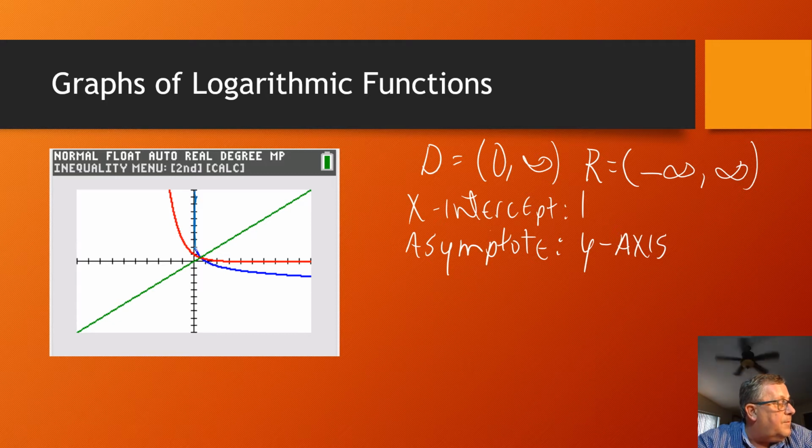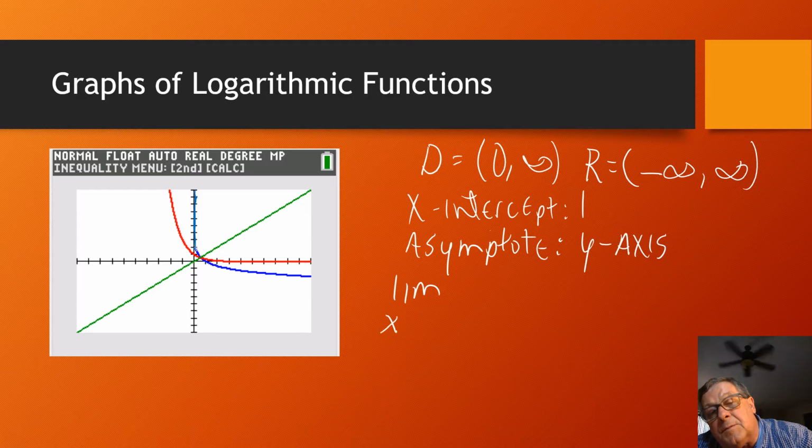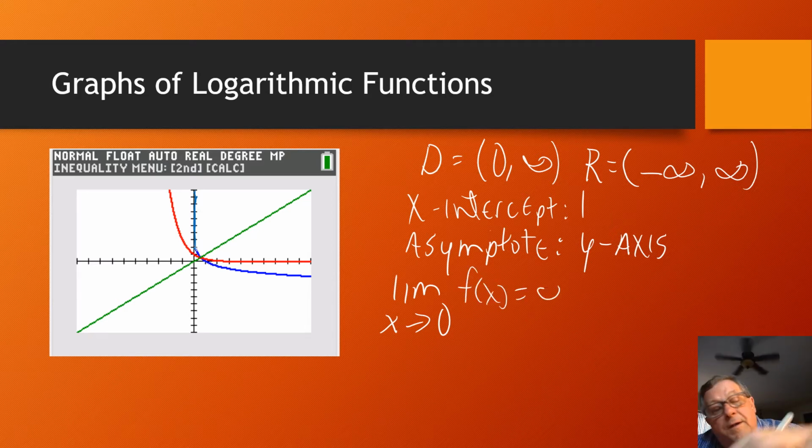Now let's think about the end behavior. So I've got a limit as x is approaching 0. As x is approaching 0, what's happening to y? f of x equals infinity. It's going up to positive infinity.